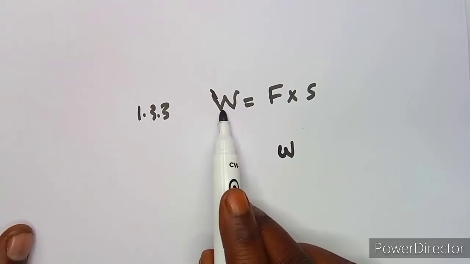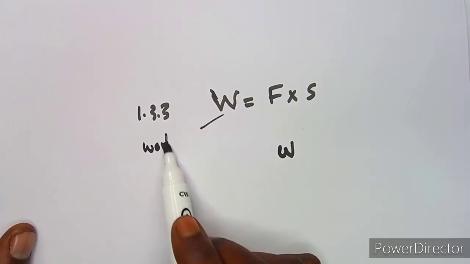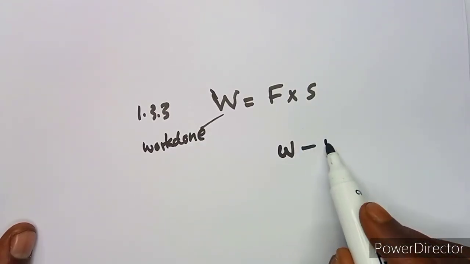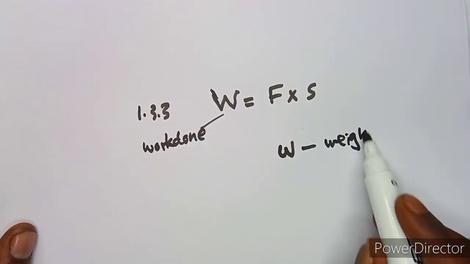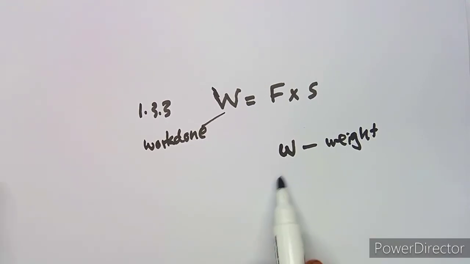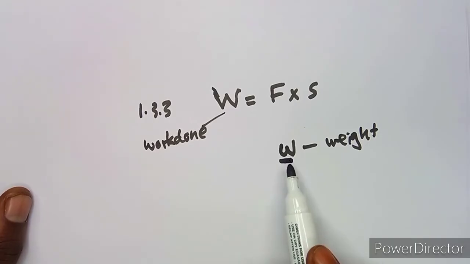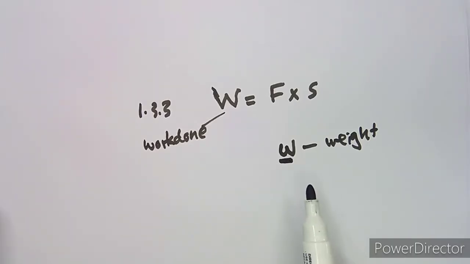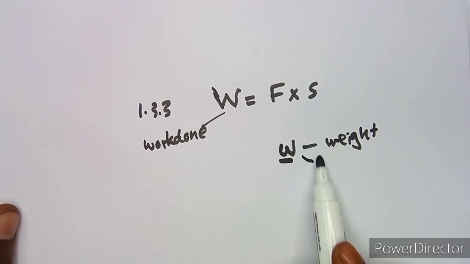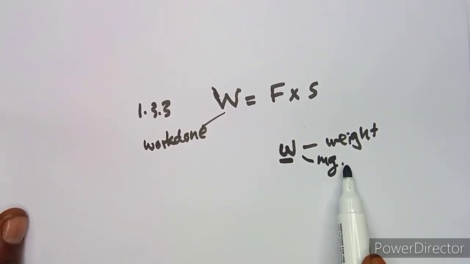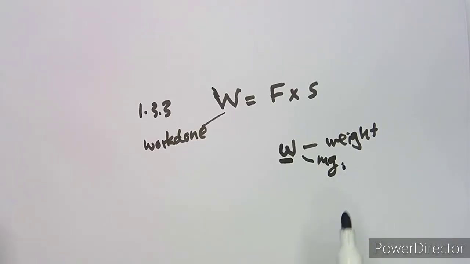This one is for work done, and this one is for weight, the weight component. We know that the weight is mg.